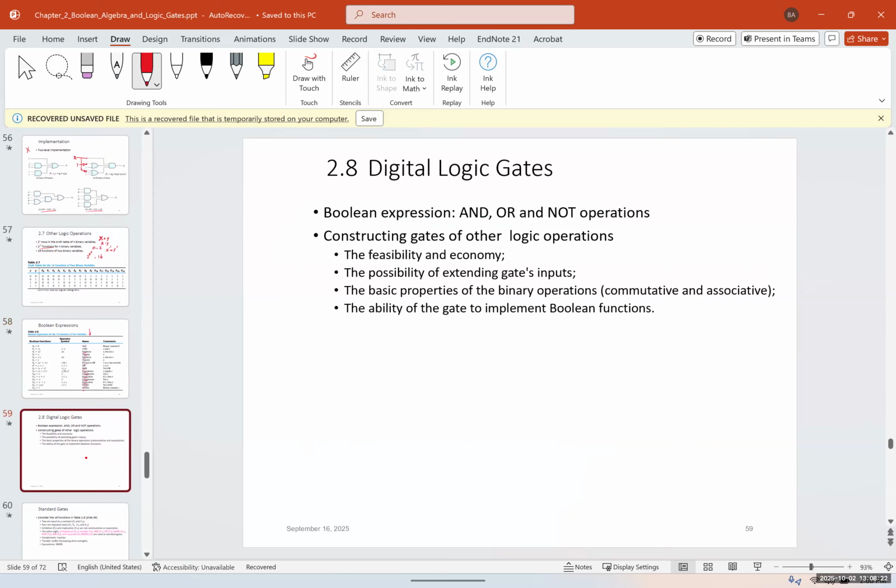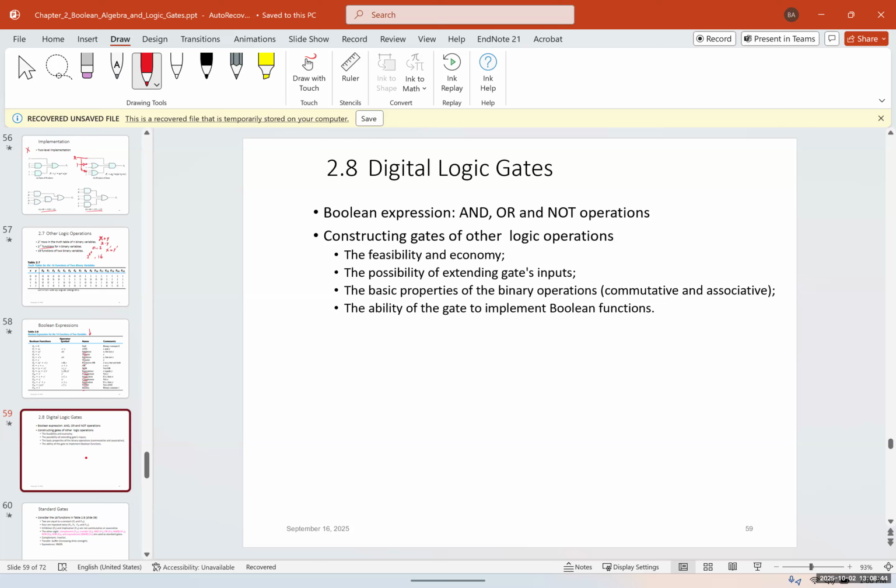Now, this part is just a small review of logic gates and expanding on the knowledge that we have on logic gates. So the three main Boolean expressions that we have, as I mentioned before, are the AND, OR, and NOT gates.